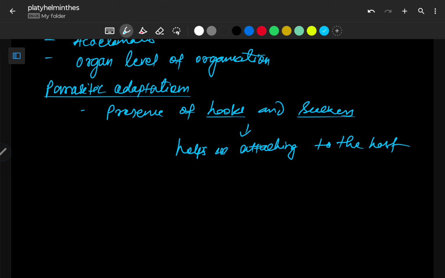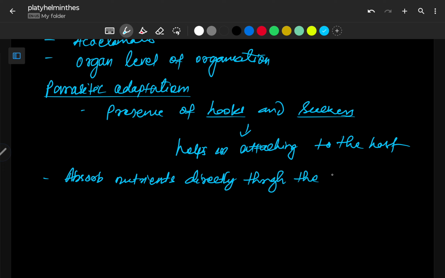Now, because they're parasitic, they absorb nutrients directly through the body surface.